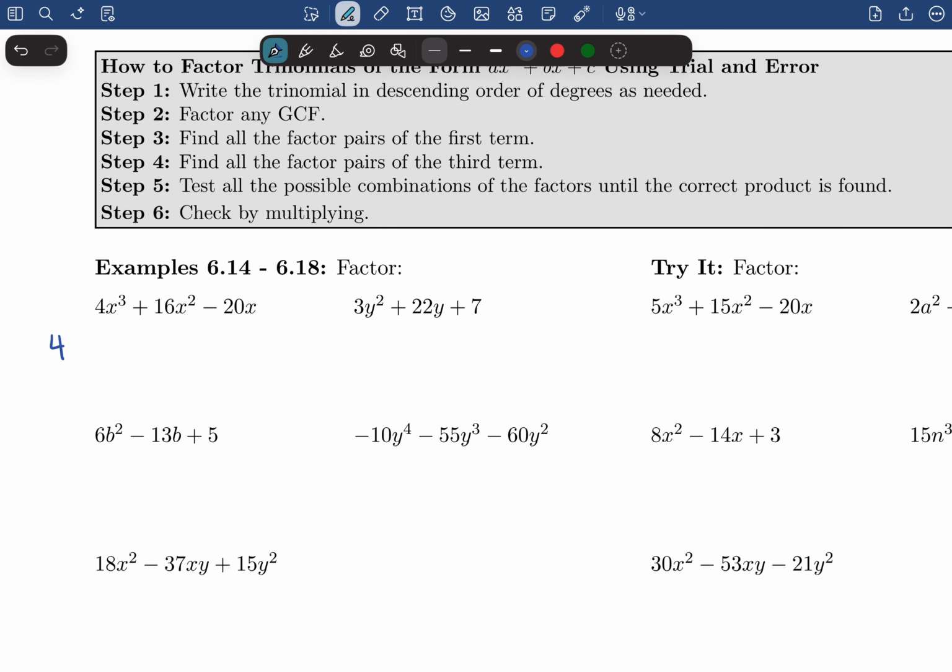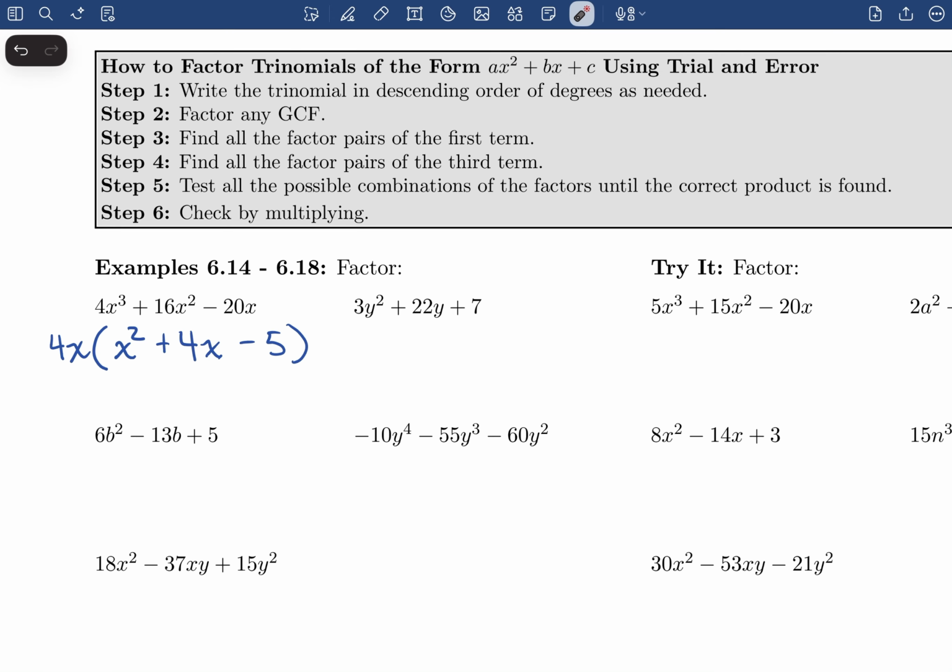That is the greatest common factor, because 16 and 20 are both multiples of 4. And now the GCF of x cubed, x squared, and x is x. This is what I'm factoring out of all three terms. And then what's left is x squared plus 4x minus 5.